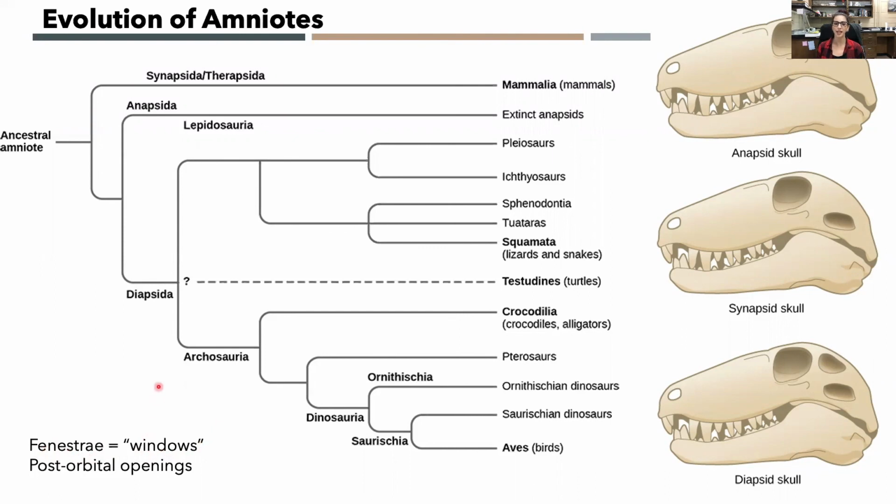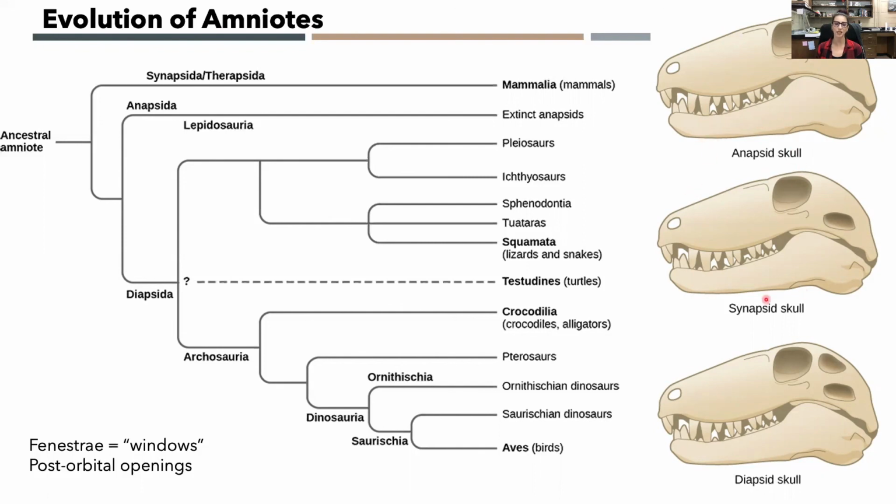What I mean by that is if you take a look at the skull here, we have the orbital hole where the eyeballs go. And then anything behind that is post-orbital. So an anapsid skull does not have any openings. Therefore, it is without fenestrae, and we call it anapsid.